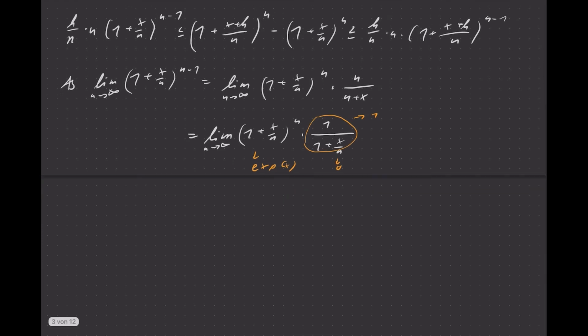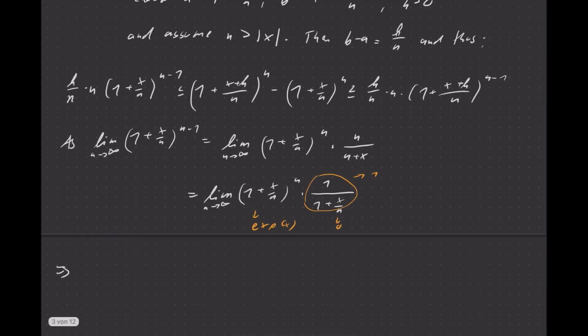Of course, the same idea can also be applied to this function here. So that doesn't really make a difference whether we have this plus h or not. We'll get exp of x plus h instead of just exp of x. And that means what we obtain from this chain of inequalities here will be the following.